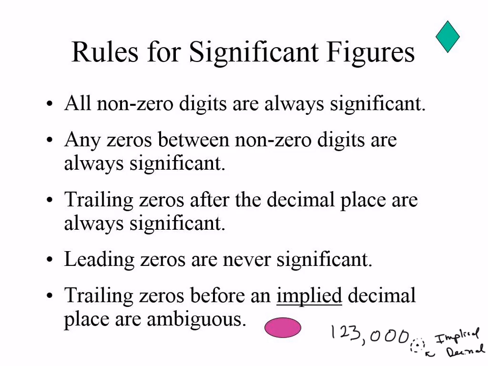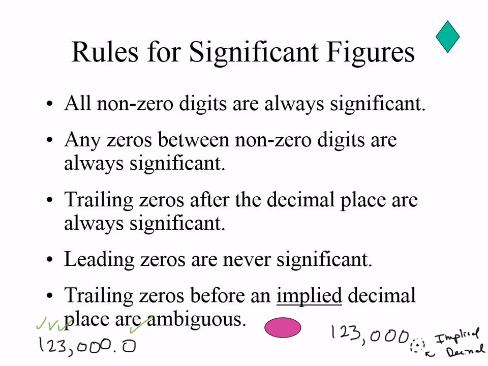What if the decimal point was there and had a zero after it? Let's do that example. So what if we had 1, 2, 3, 0, 0, 0, decimal 0? Would all those be significant? Time out, why are they significant?